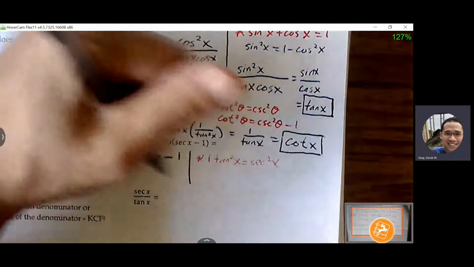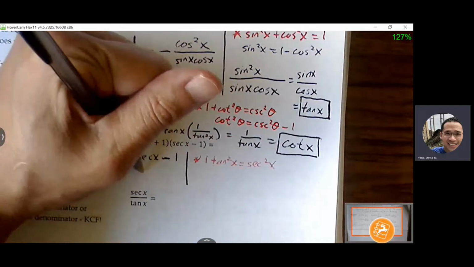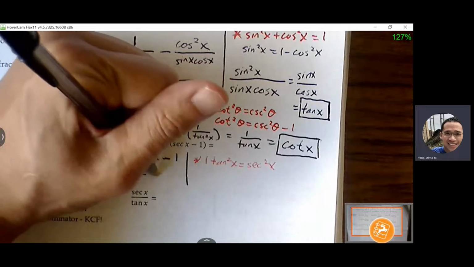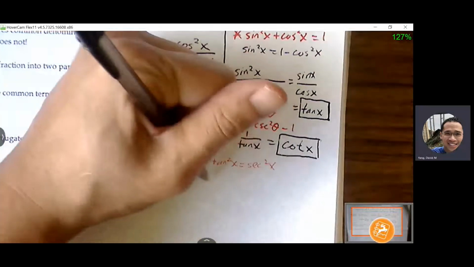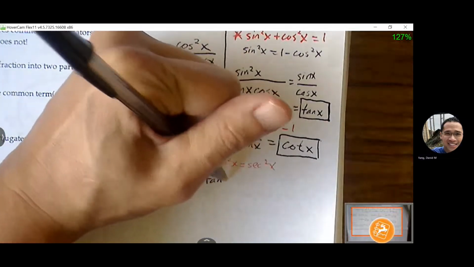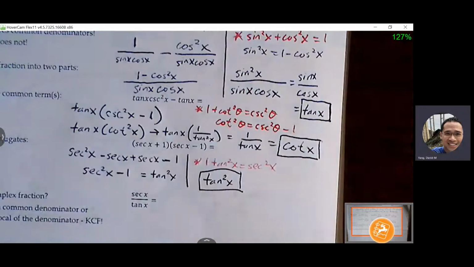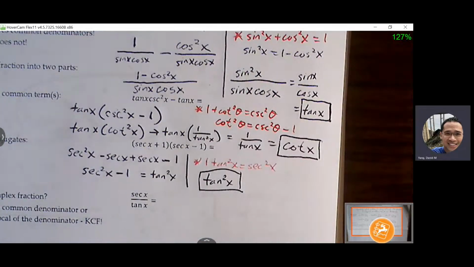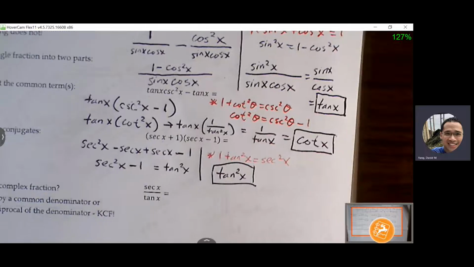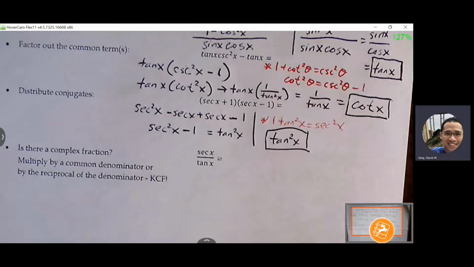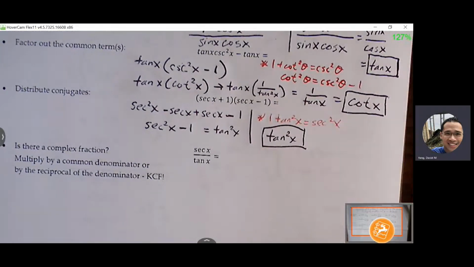So I can think of secant squared x minus 1 as the same thing as tangent squared x.